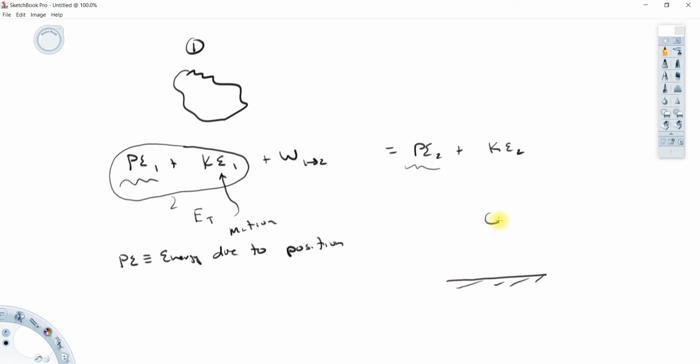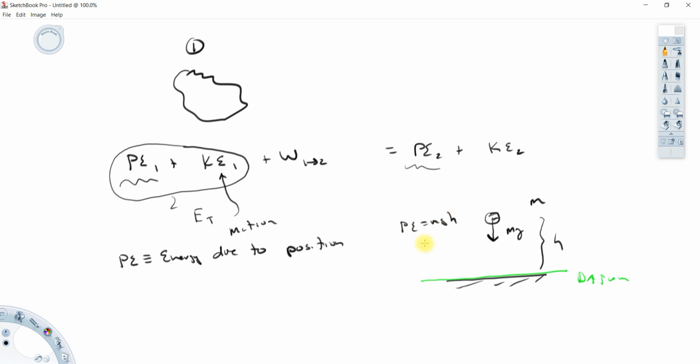Here is some sort of object. It has a certain mass. Then it's got a gravitational force acting down equal to mg. And it's a certain height here from what I'm going to call my datum. So what we call the gravitational potential energy for this would be mgh.